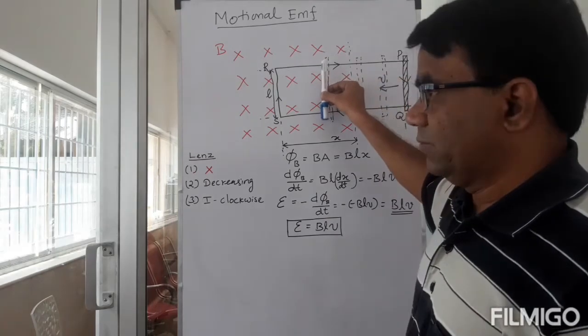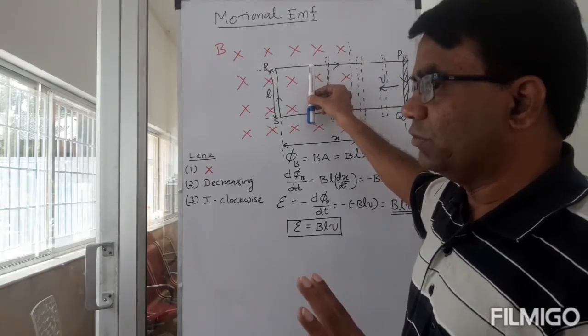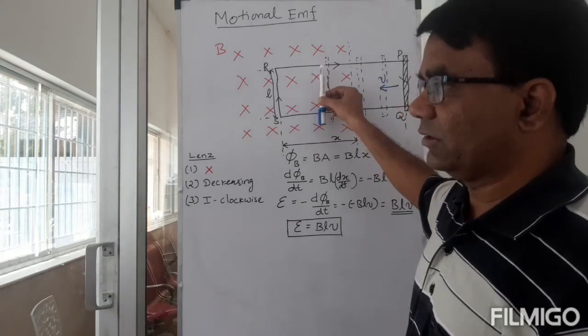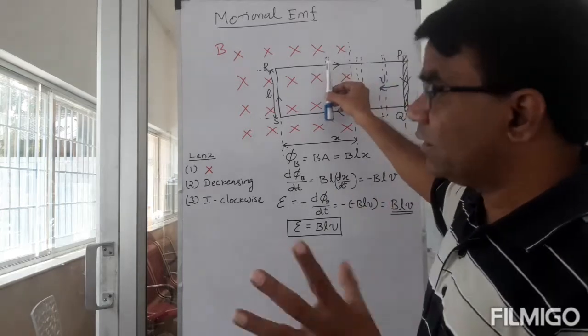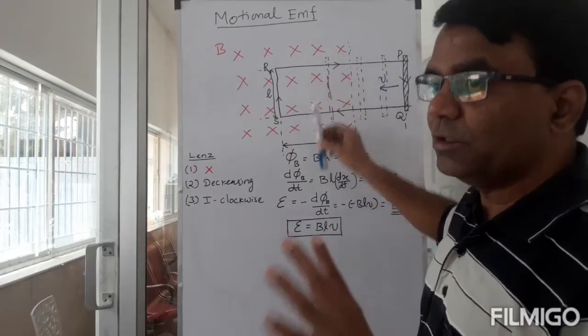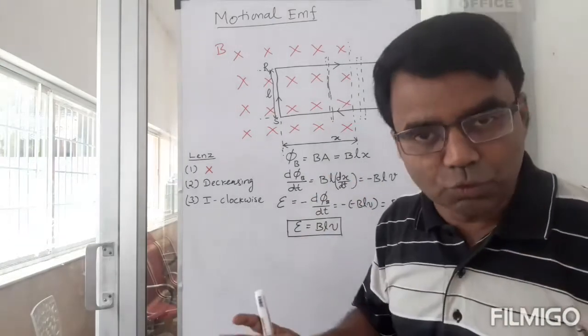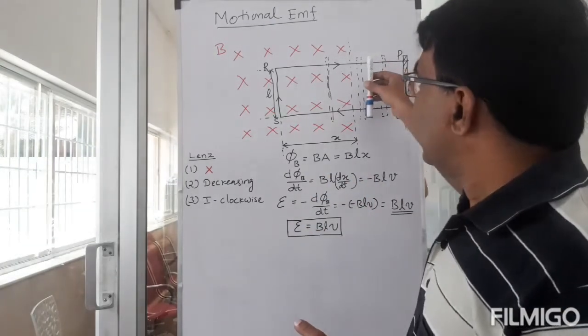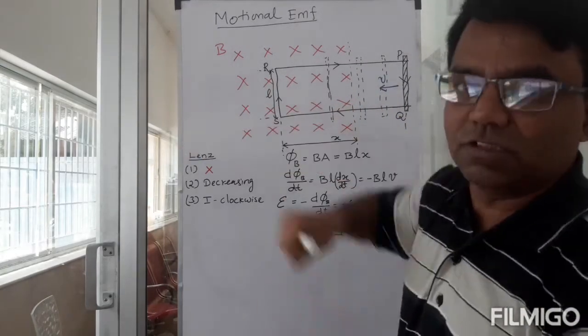I have brought the rod here, and now the rod is moving inside. Nothing else will move except the free electrons. All the protons and electrons will experience a force, but the nucleus and the bound electrons will not move, even though they experience a force, because they are counterbalanced by other internal forces.